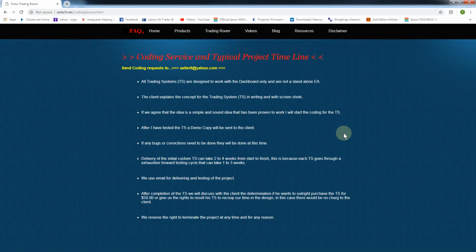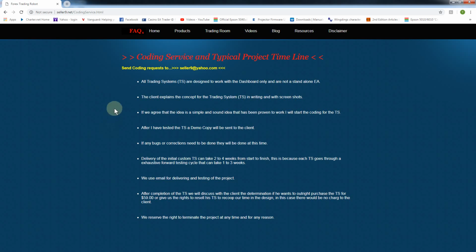Pick and choose. That way you don't have to sit there and watch it all day. Sometimes people design a real nice trading system, but it requires a bunch of time sitting in front of the computer waiting for a signal, and they can only trade maybe 2, 3, 4 pairs at a time because you can't possibly watch all 28. Well, with the dashboard, you could watch all 28.